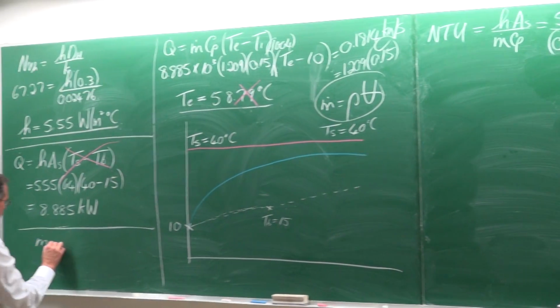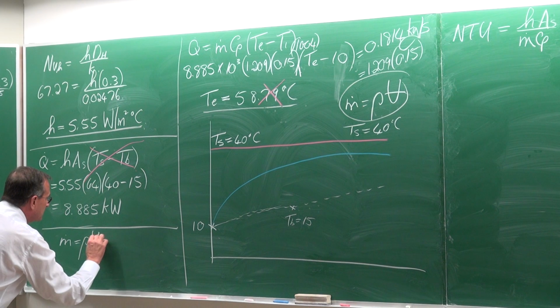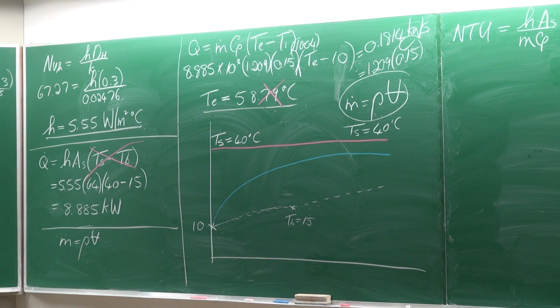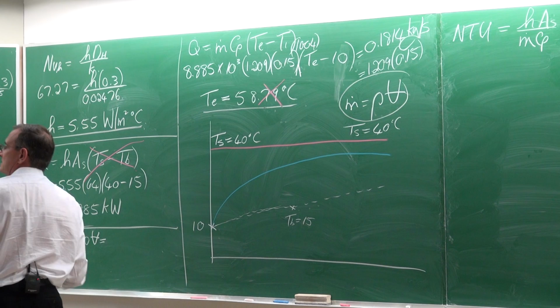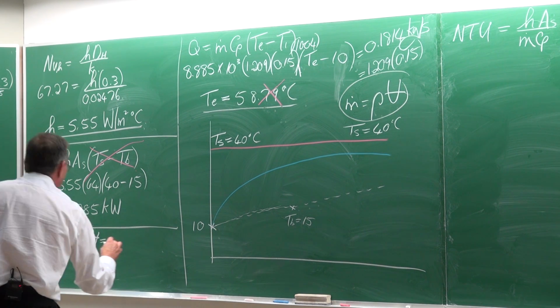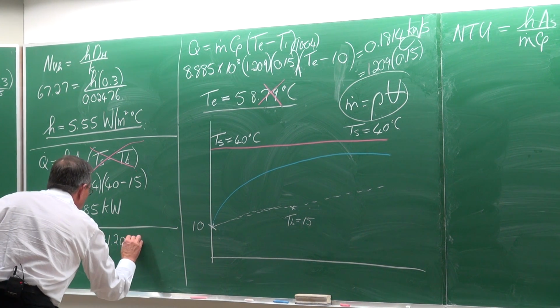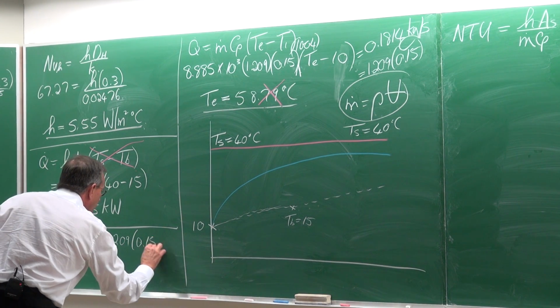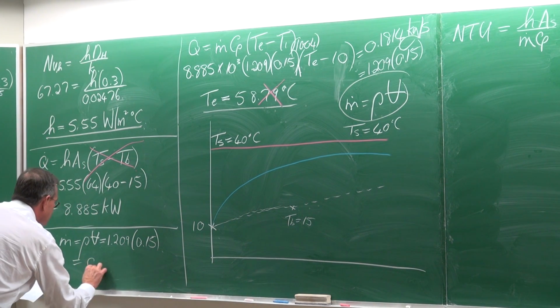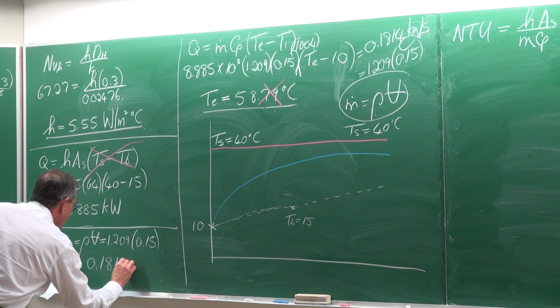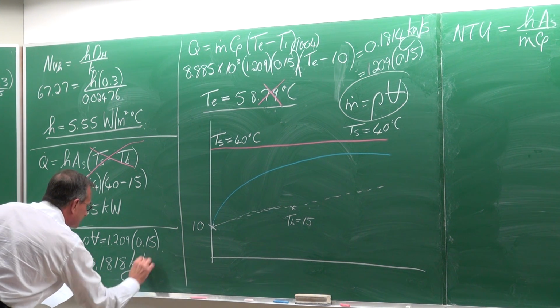In case you can't read my writing, the density multiplied by the volume flow rate gives us 0.1814 kilograms per second.